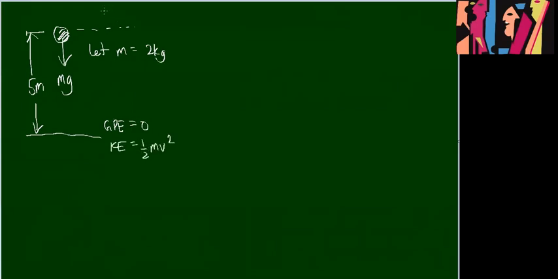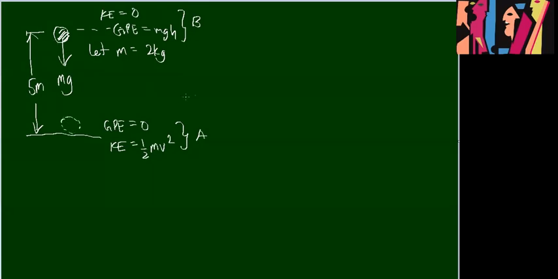At the top, my KE is 0 because it's not moving, and my GPE is mgh. These two statements summarize what happens before the object falls, and these two statements summarize what happens after the object falls. So my object here ends up there.